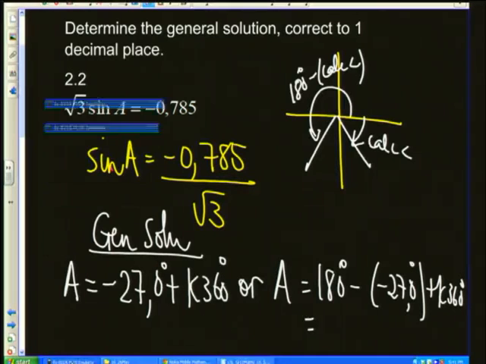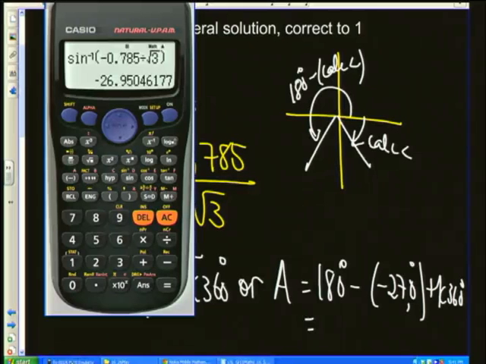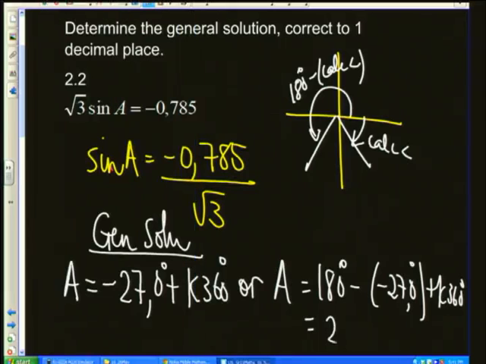So let's just take the negative of the answer, which is 27. So it's really 180 plus 27, which is 207, or 207 plus K360, where K is an element of the integers.